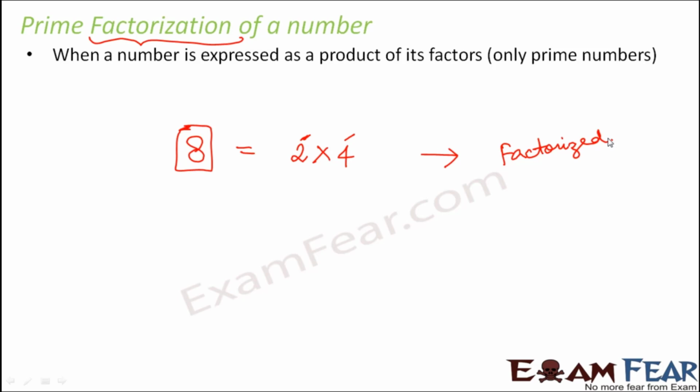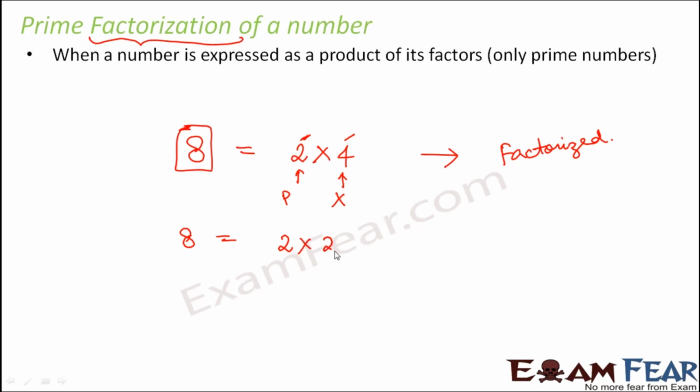Then what is prime factorization? It is when a number is written as a product of its factors such that all the factors are prime numbers. Now in this case, is this prime factorization of 8? No, because 2 is a prime number, but 4 is not a prime number. 4 is a composite number. So this is not prime factorization, but only factorization of 8. So how will we do prime factorization of 8?